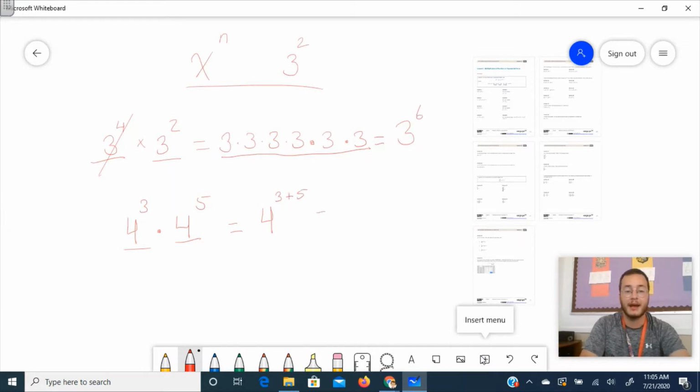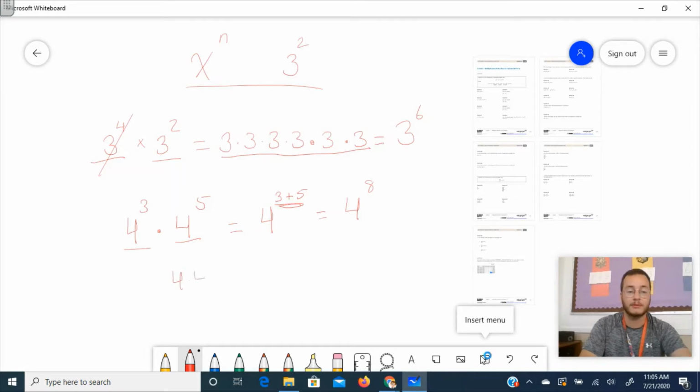That means I have 4 to the 8th power, because I'm already doing 4 by itself 3 times, and then 4 times itself 5 times. So if I just add those two together, I'll get 4 multiplied by itself 8 times.